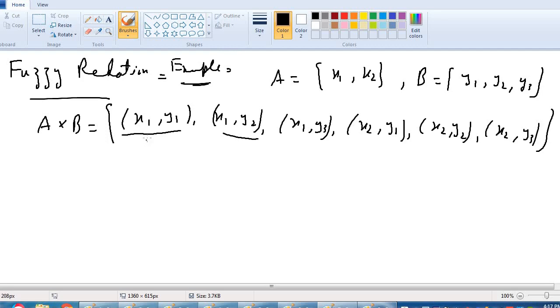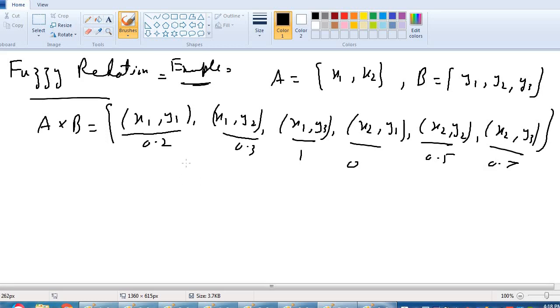For example, x1 y1 has membership value 0.2, x1 y2 has membership value 0.3, and x1 y3 has 1, then x2 y1 has membership value 0, x2 y2 has membership value 0.5, and x2 y3 has membership value 0.7. So we can write it in this way.